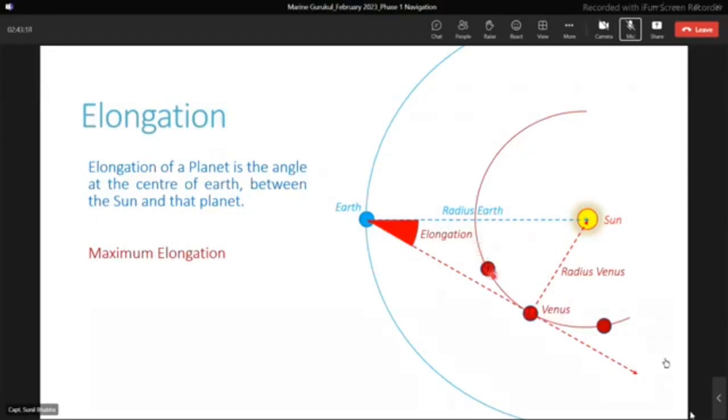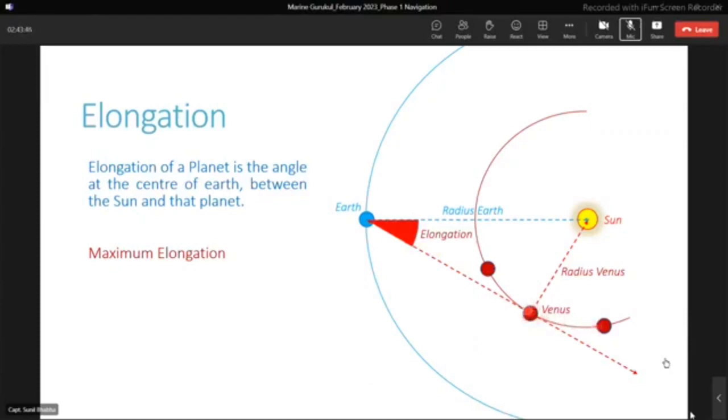After this, the elongation will keep on increasing. At this particular point, Venus will have the maximum elongation. The angle at the center of Earth will be maximum at this placement of Venus in its orbit. As Venus moves forward in its orbit, you see the elongation will start to reduce again.